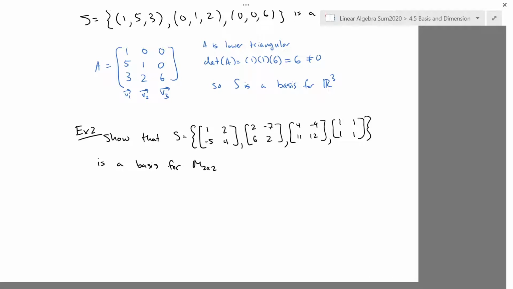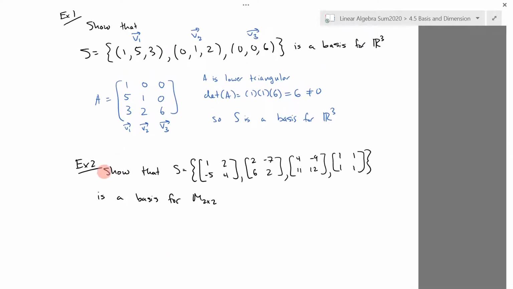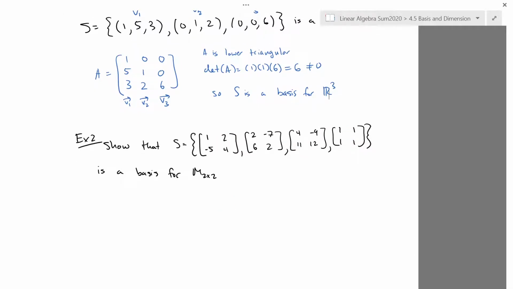Okay, so let's continue on to example 2. So here we have the vector space of 2 by 2 matrices. Right, so my set S has 4 vectors in this case. So again, to verify whether this is a basis or not, I set up the matrix with these as column vectors.